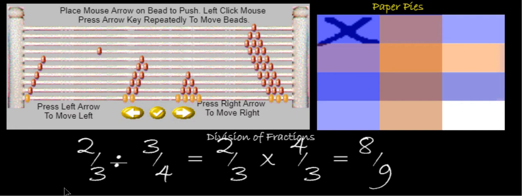So the question arises, why are these equivalent? The division 2/3 divided by 3/4, why is it equivalent to 2/3 times 4/3?